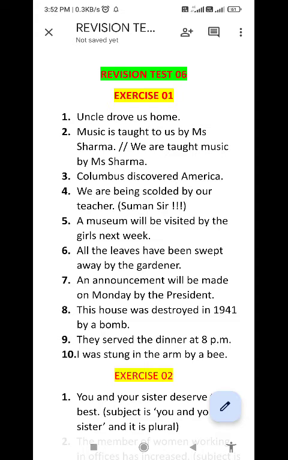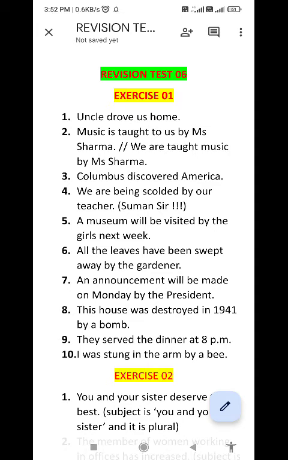8. This house was destroyed in 1941 by a bomb. It was given in the question that a bomb destroyed this house in 1941. So a bomb destroyed this house. There is no auxiliary in between the subject and verb, and the verb is not written in past participle, so it is active voice.